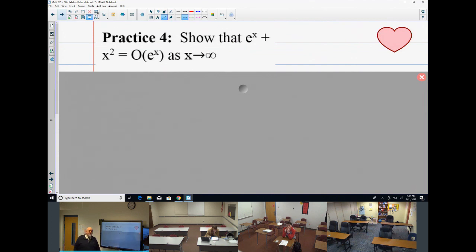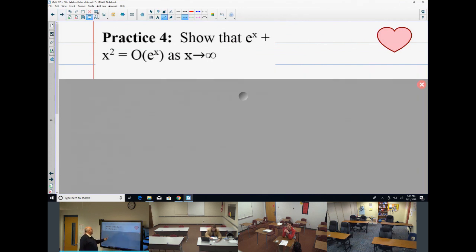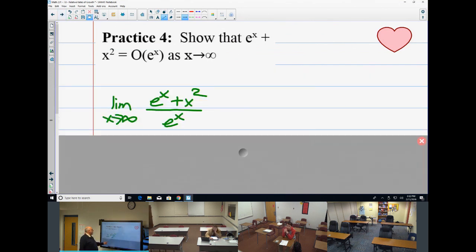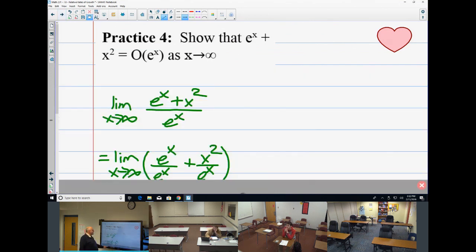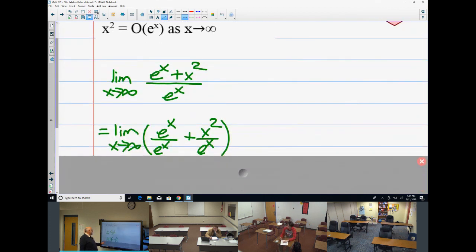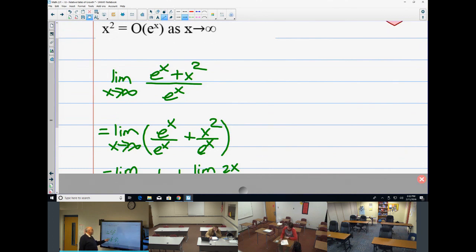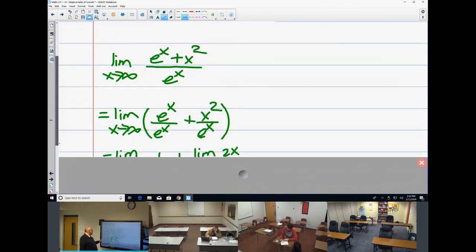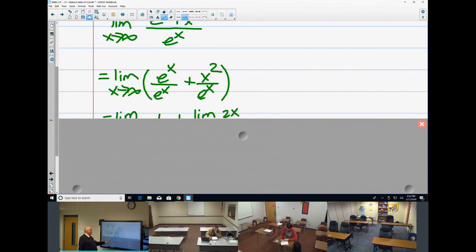Okay, so Weston, did you get it to work out? Or are you still working on it? Yeah, I think I got it. Okay, so e to the x plus x squared over e to the x. You can split the fraction here, and then you can see that this is going to be 1 plus something else, so it's not going to be 0.